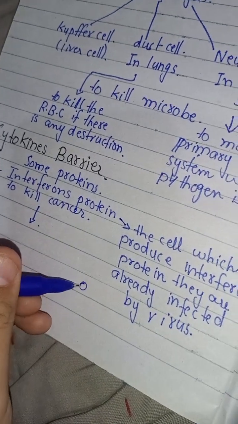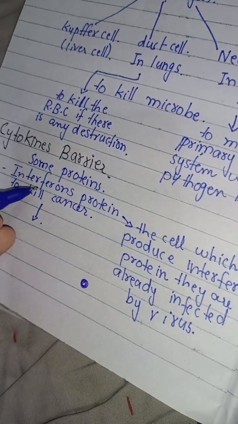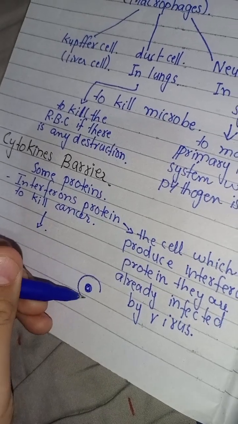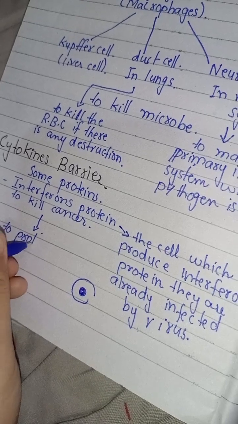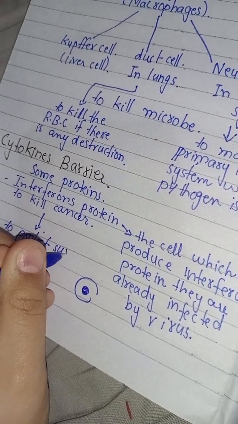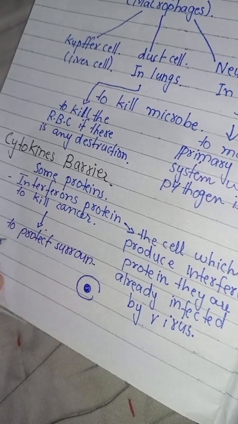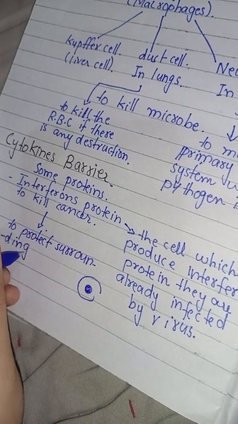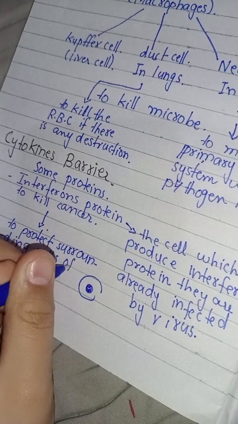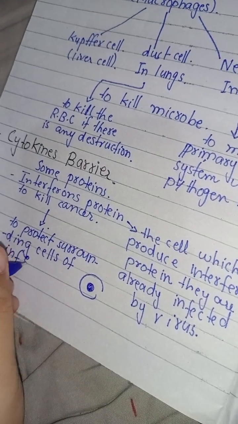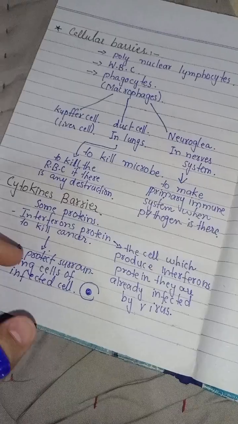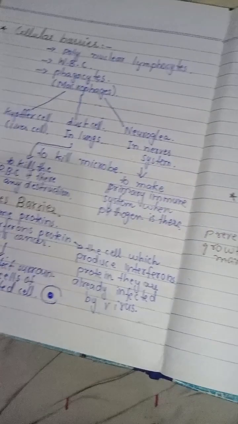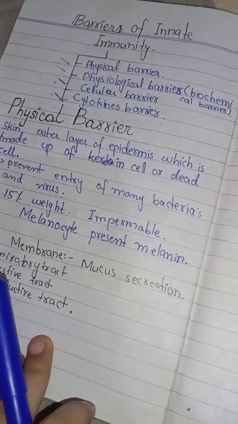Like if one cell is infected, it makes the interferon protein to protect the surrounding cells of the infected cell. Here our cytokine barrier is done, cellular barrier is done, physiological barrier is done, and physical barrier is done.